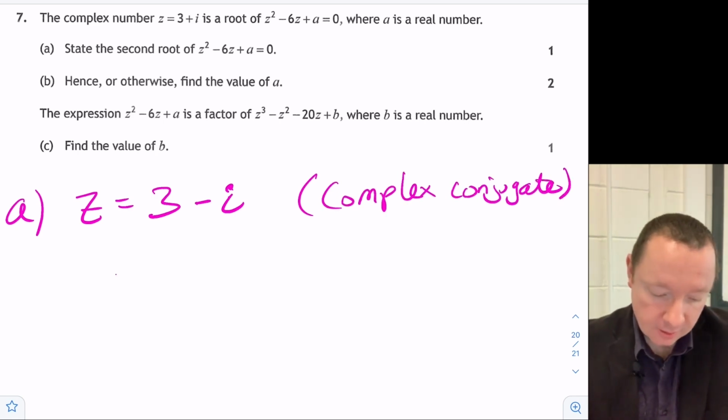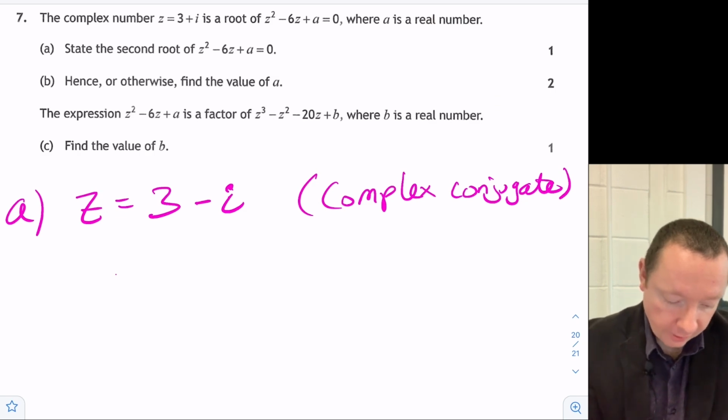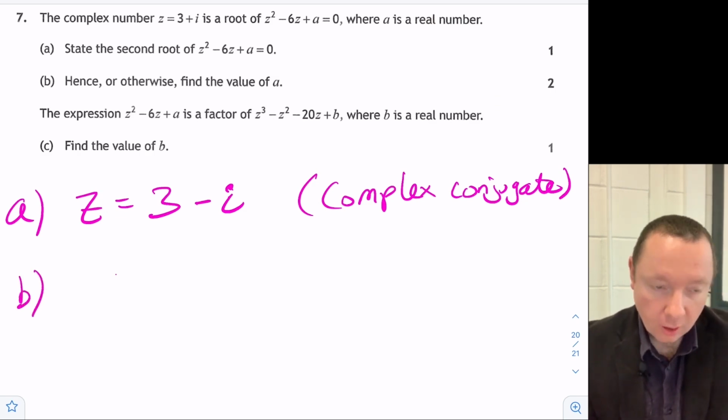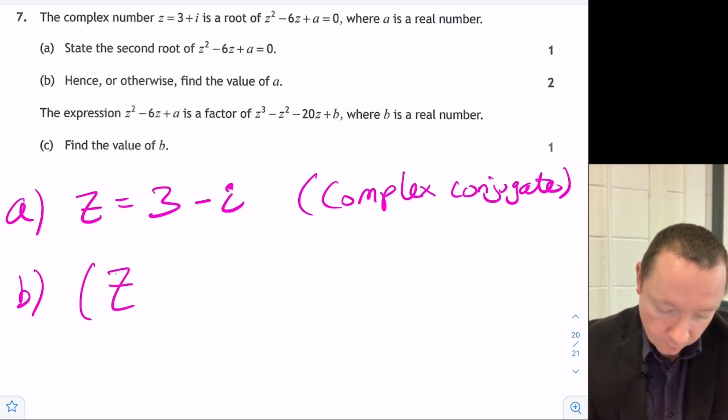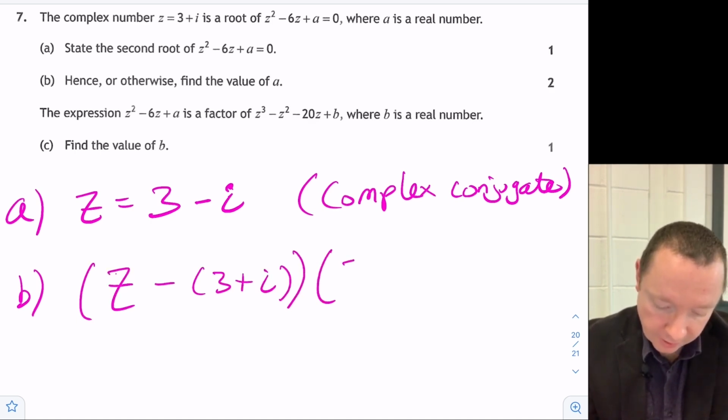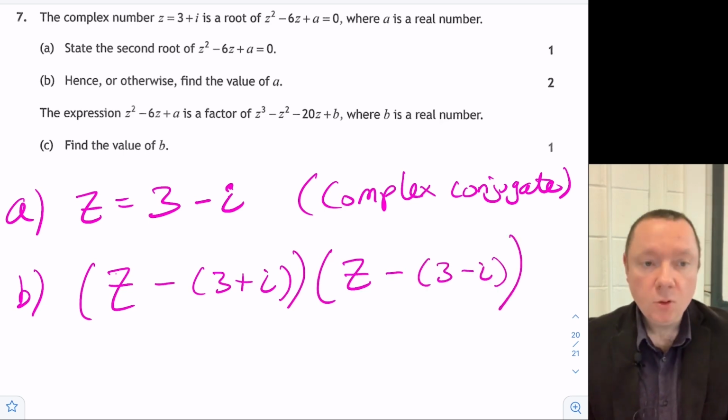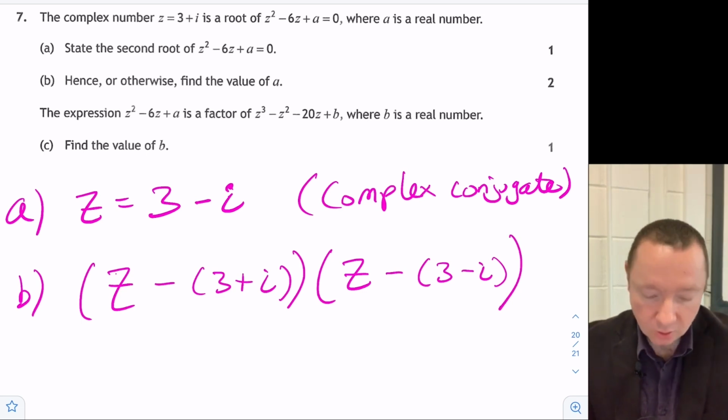Part B says, hence or otherwise find the value of a. So we've got our complex factors, so we've got z minus 3 plus i times z minus 3 minus i. So we can expand our brackets in the normal way.